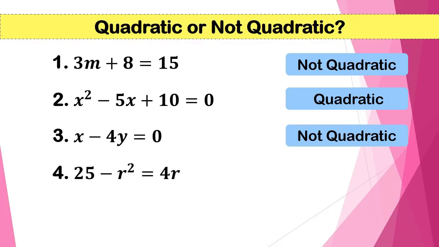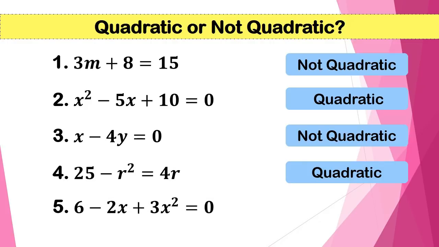Next, number 4. 25 minus r squared equals 4r. So in the given example, the highest degree of the given equation is 2. Since the highest degree is 2, therefore this is a quadratic equation. Yun nga lang, this is not written in standard form. But we can do that into a standard form if we arrange the given equation.